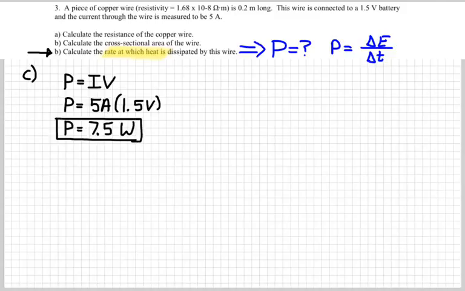That's an easy enough calculation to perform. We just have to realize that when it's asking us about the rate at which energy changes, it's asking about what we call power. We have lots of equations for power at our disposal. We just have to choose the correct one.